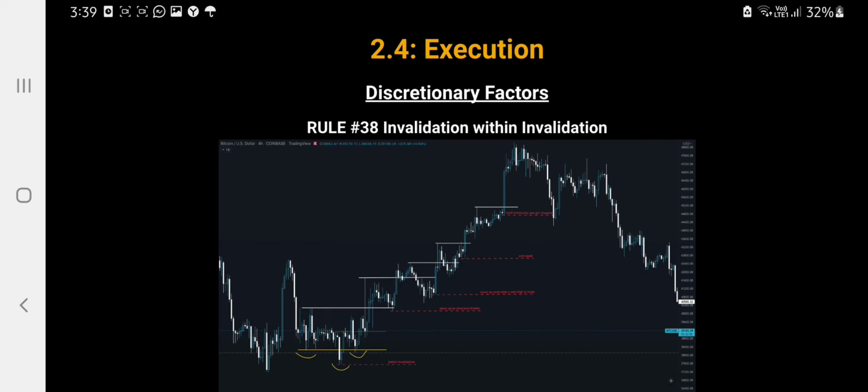So, Rule 38, focusing on some discretionary, is to have invalidation within invalidation. You can actually make invalidation within invalidation mechanical and non-discretionary, but the act of moving your stop loss itself is discretionary. Even though everything I said here is completely rules-based, because it's an if-then. If price breaks above the high, then I move my stop up.